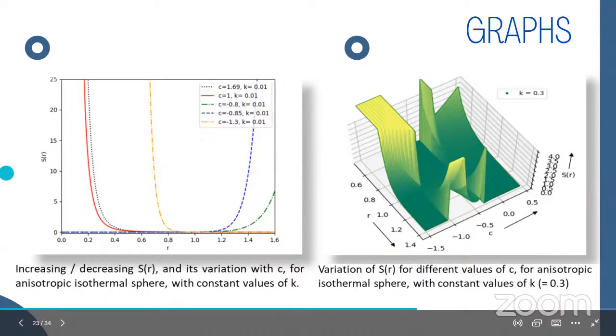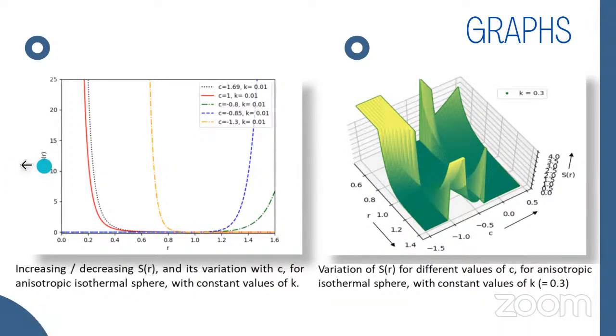Here we observe a peculiar characteristic of the graph. This is basically the graph of S versus R for changing values of C, keeping K as a constant. We see here that when C is in the positive region, the whole graph is of decreasing nature with respect to R. But after C enters the negative domain, as you can see in the 3D plot, it's more obvious.